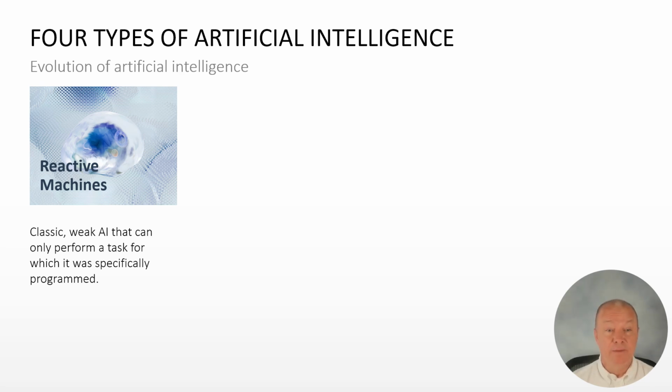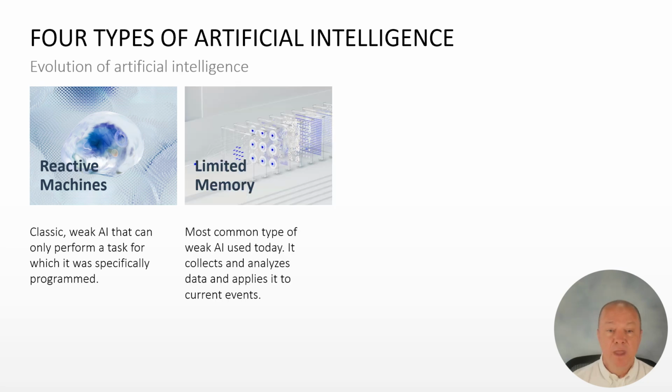So as we've learned, artificial intelligence is progressing from simple automation of tasks to actual cognitive thought and decision making. As we look at the evolution of artificial intelligence, we started with reactive machines. These are considered classic, weak artificial intelligence that can only perform a task for which it was specifically programmed. In other words, it's an automation task. We then look at limited memory. Most common types of weak AI use this today. It collects and analyzes data to apply it to current events.